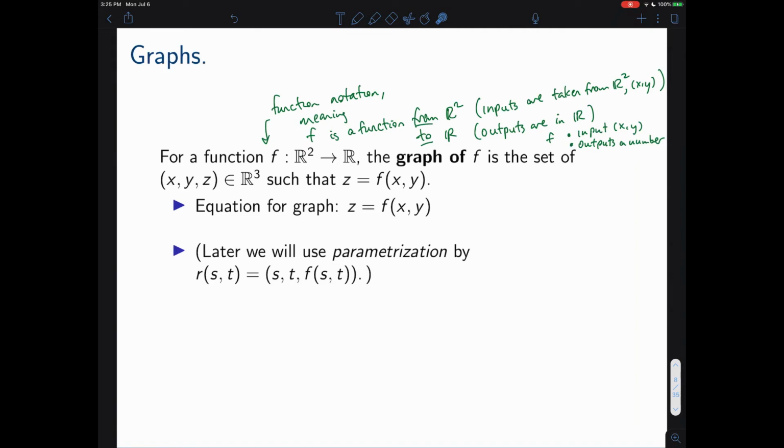But perhaps it's reminiscent of something we said, that for a line, we can have a parameterization of a line, but we could also write equations of the line. For planes, we talked about equations of planes, and I believe I mentioned that there are parameterizations, we just didn't talk about them yet. And now for graphs also, we have an equation, and later on we'll talk about a parameterization.